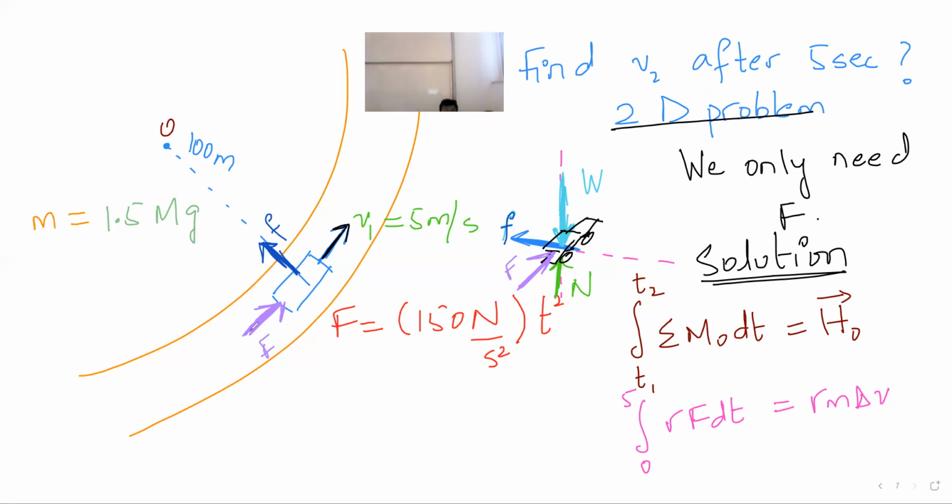In fact, I can start doing it along with you. 100 into 150 Newton per second square integral. Wait a second, did I? Kevin, there is a t power 2 here. I hope you did not make this wrong. This is t power 2. Everyone, it's t power 2, okay?